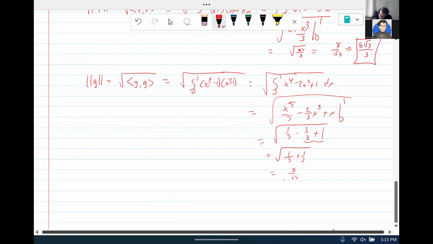So the square root of 8/15, and then you could again rationalize it if you want. You would get 2 radical 2 on top over radical 15, so we would get 2 radical 30 over 15 if we rationalized. But that's fine.